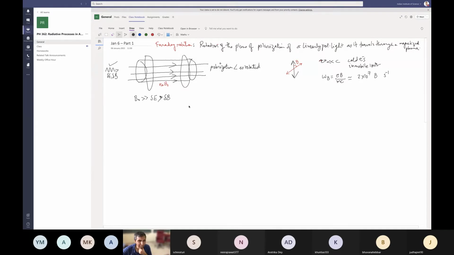Okay, so what is the electron equation of motion? m dv/dt equals minus eE, because it's an electron, negatively charged, minus e by c v cross B naught, right? This is the electron equation of motion. We did the problem, right?